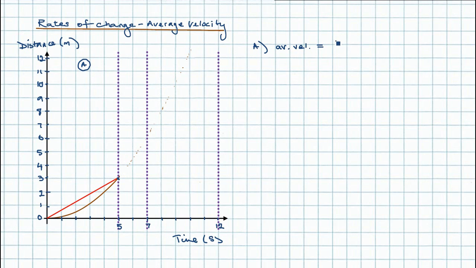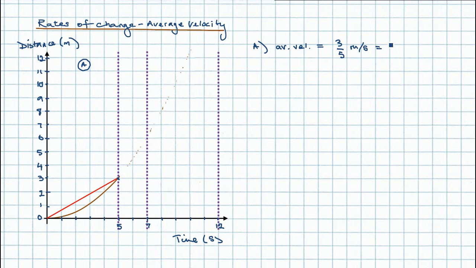So let's write 3. That's how much this point has risen over the run. The run means how far it has gone horizontally. So 1, 2, 3, 4, 5. So it's 3 over 5 meters per second. In other words, what we've got is a 3 to 5 ratio. So if I divide my 3 by 5, how am I going to do that?